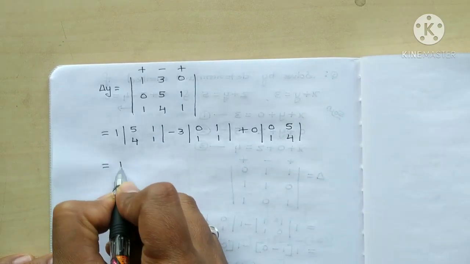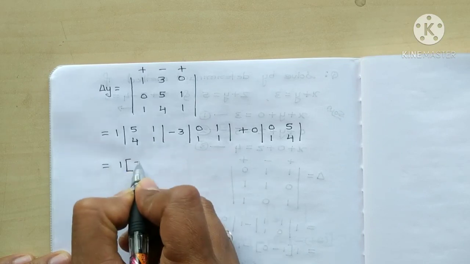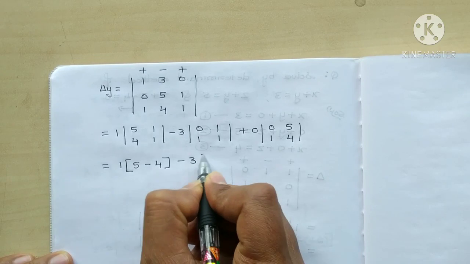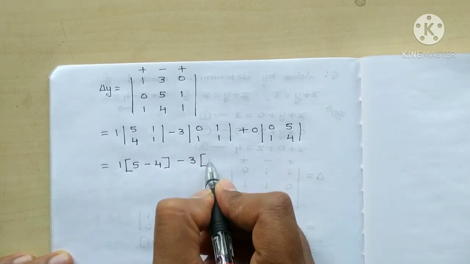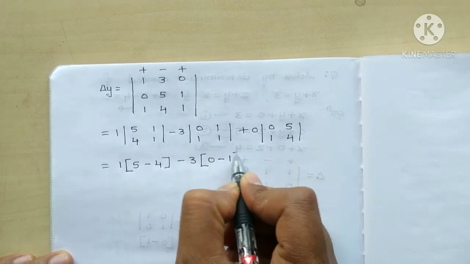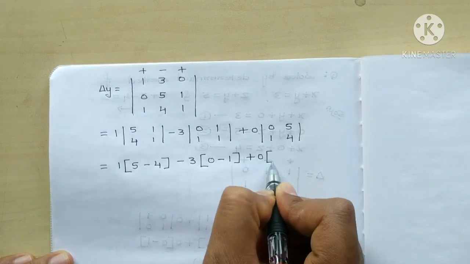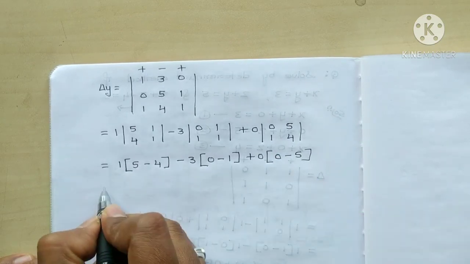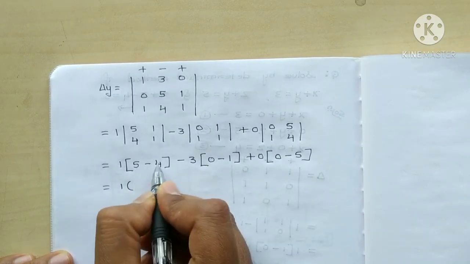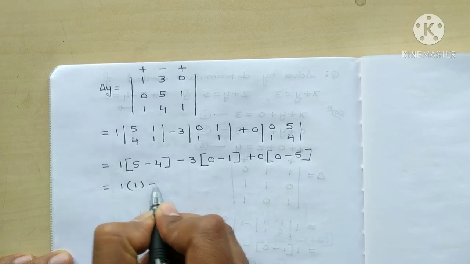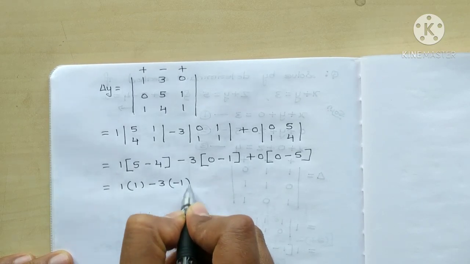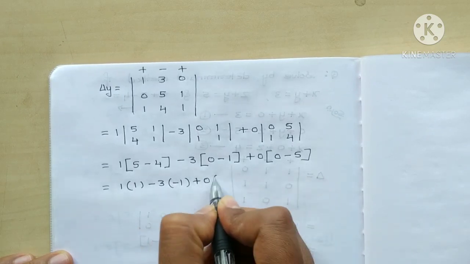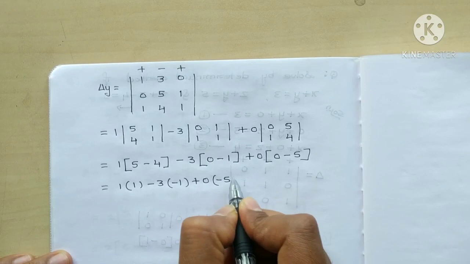So which is equals to 1 into bracket 5 into 1 is 5 minus 4 into 1 is 4, minus 3 into bracket 0 into 1 is 0 minus 1 into 1 is 1, plus 0 into bracket 0 into 4 is 0, 1 into 5 is 5. So which is equals to 1 into bracket 5 minus 4 is 1, minus 3 into bracket 0 minus 1 is minus 1. Next, plus 0 into bracket 0 minus 5 is minus 5.